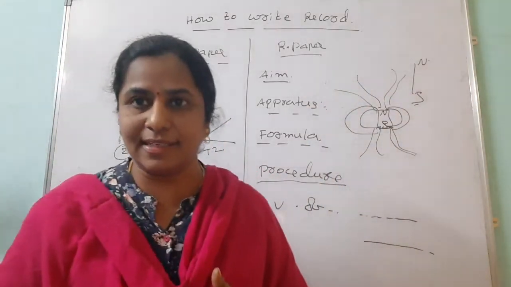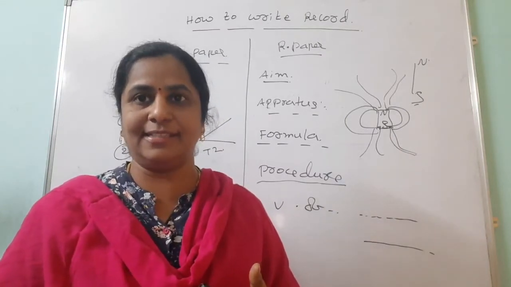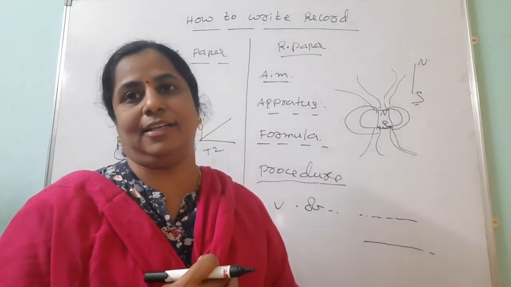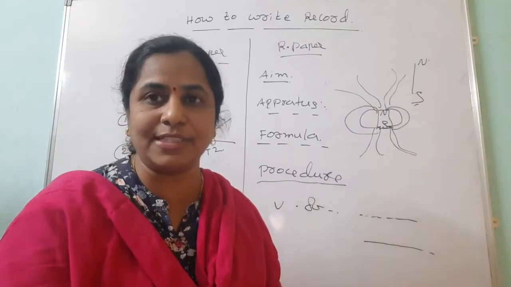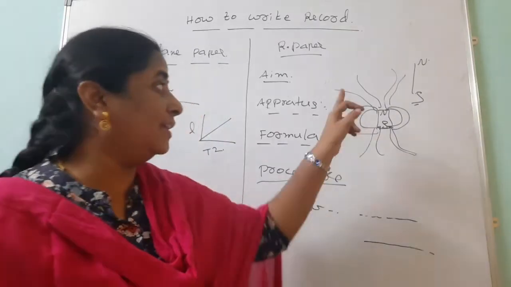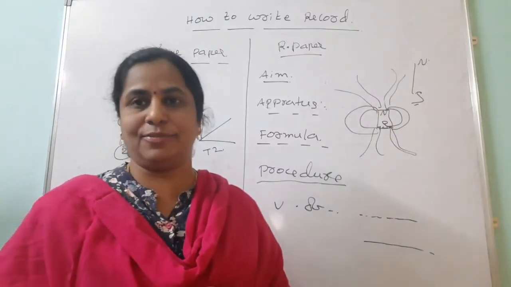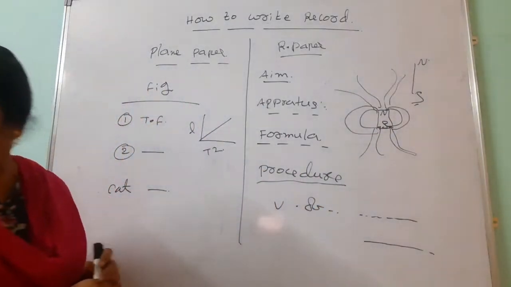We take a single chart: one for the equatorial line, another for the axial line. That is what shows whether you went to the lab or not. Those papers we fold and staple in the record. One is the drawing experiment, one is the magnetic lines of force, and another one is the prism. We have to take the prism also.